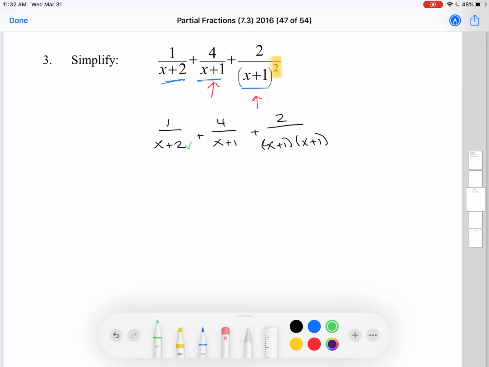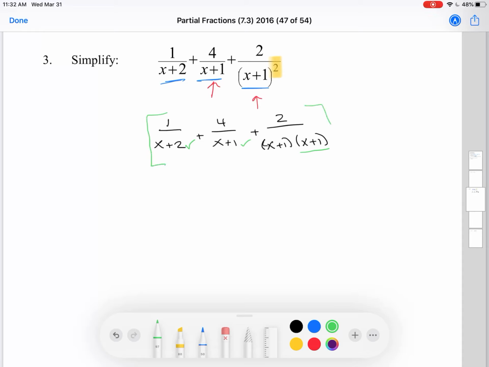I'm going to want the x plus 2 in my denominator because it exists in that first fraction. I'm also going to want an x plus 1 because it existed in that second fraction. And to make it a common denominator between all of these, I'm going to include a second x plus 1 in the denominator.